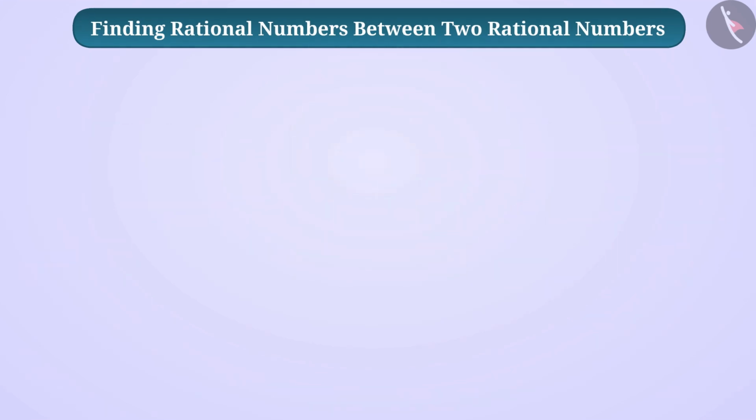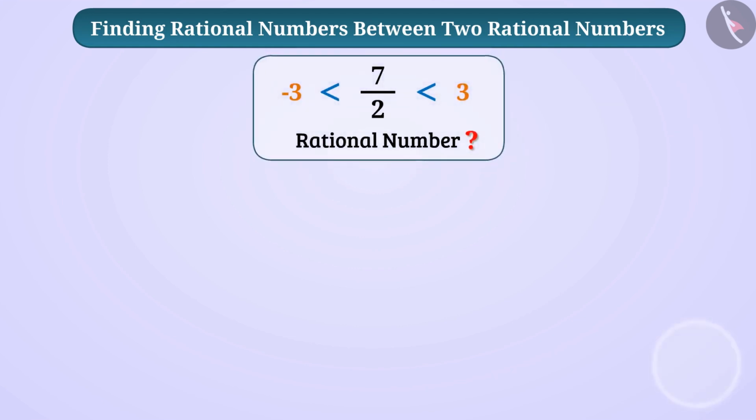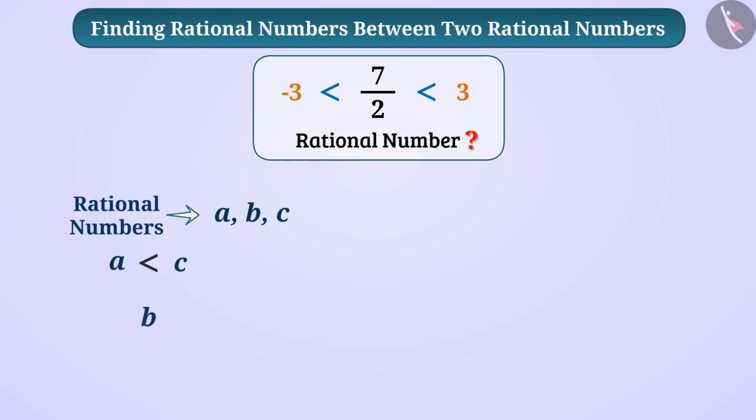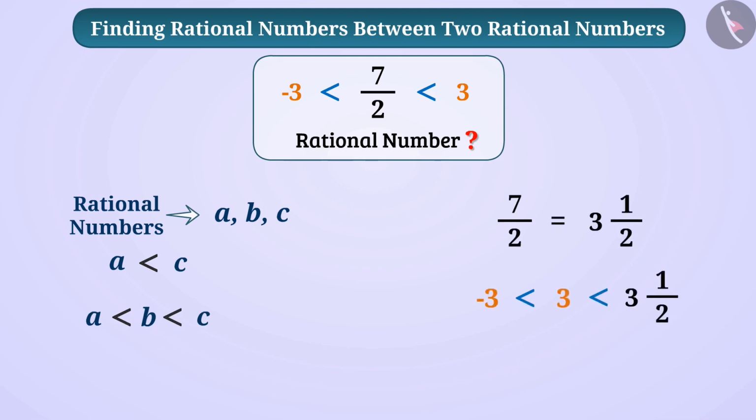Just think, can we call the rational number 7 by 2 as the rational number between -3 and 3? Think. Let me tell you, if A, B, C are three rational numbers where A is less than C, then B will be called the rational number between these two only when B is greater than A but smaller than C. Here 7 by 2 is equal to 3 and 1 by 2, which is a larger number than both -3 and 3.